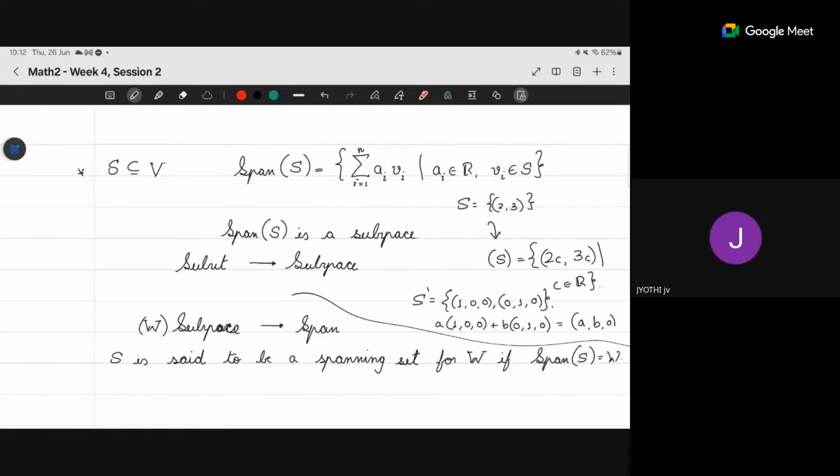So when I vary all possible a and b, what will I get in this case? Can you geometrically describe the set that I obtain? It's in R3, but the space will be of two variables, a, b only. It does not have a z coordinate.